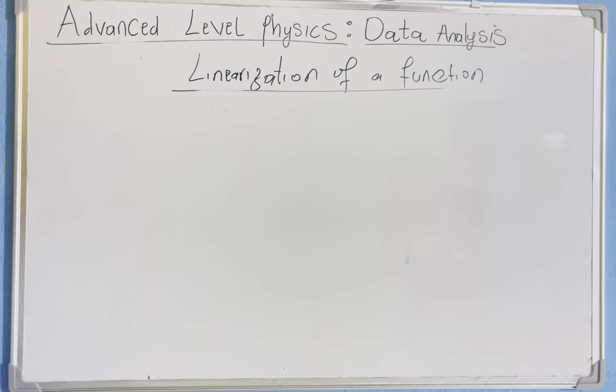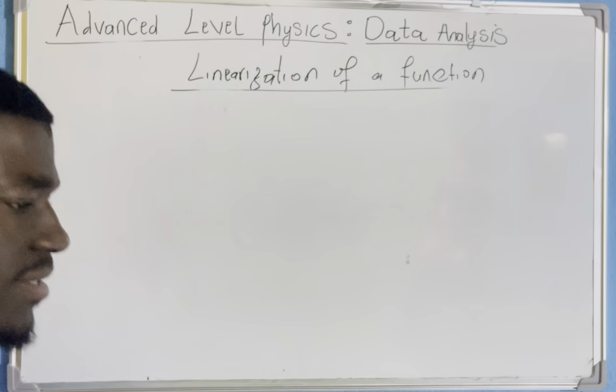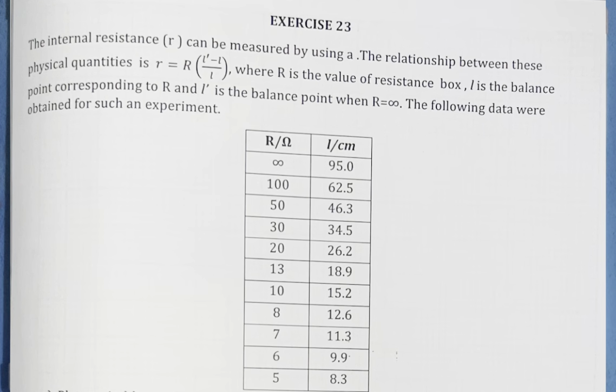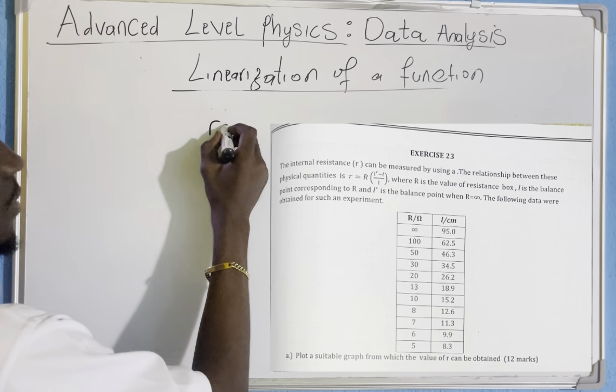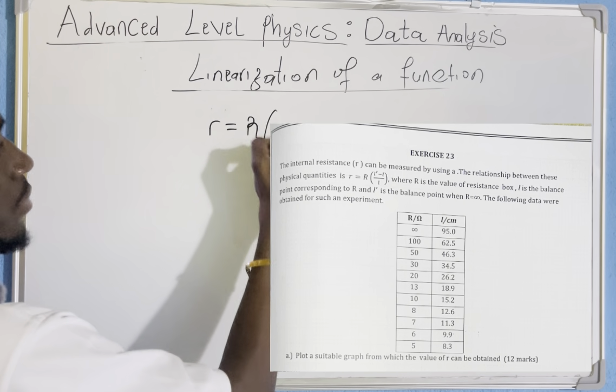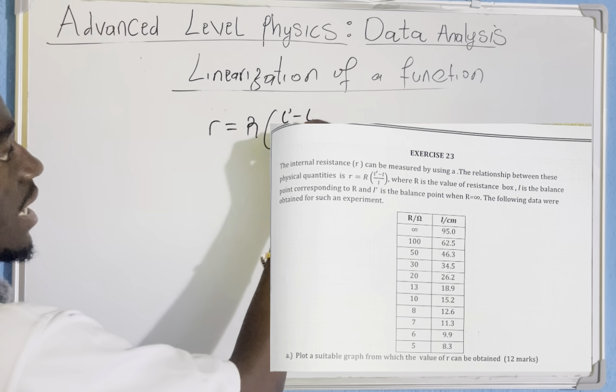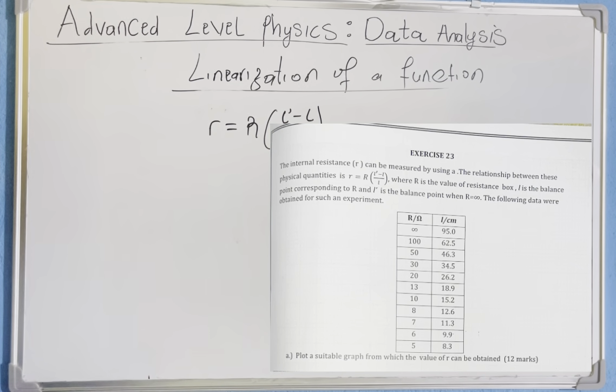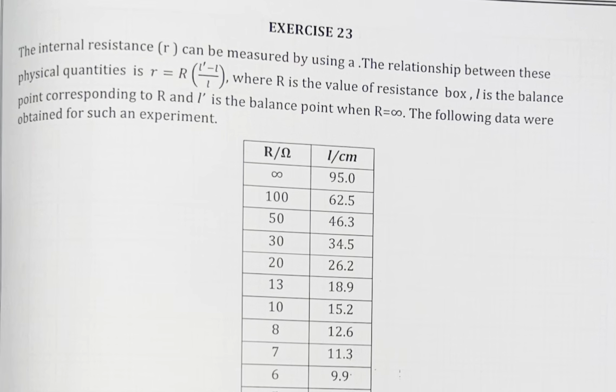The next question. We are having the internal resistance r, which can be measured by using the relationship between these quantities: r equals big R in bracket L prime minus L, all over L. Where R is the value of the resistance box, L is the balance point corresponding to R, and L prime is the balance point when R is at infinity.